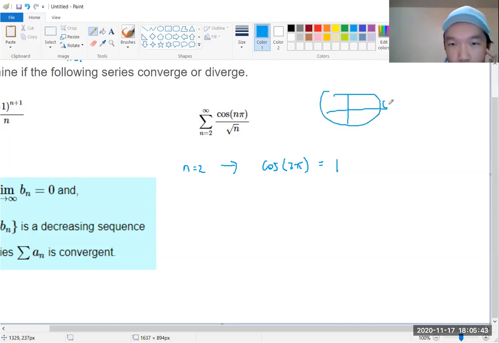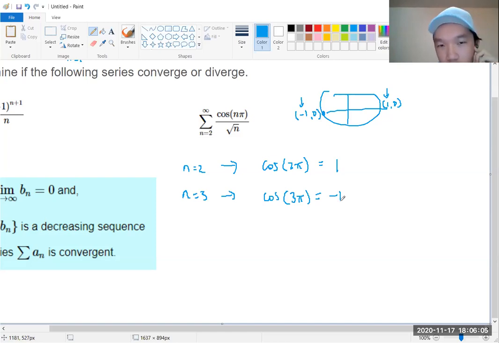So 0 is over here. The coordinate here is 1, 0. Cosine is the x value. So it's 1. And then when n equals 3, that gives you cosine of 3 pi. 3 pi is over here, on the other side of the circle. This is -1, 0. So that gives you -1. All right, yeah, I think this is an alternating series. Do you guys see what I just did?